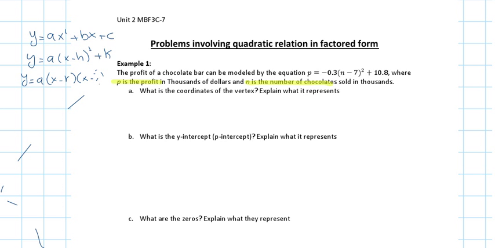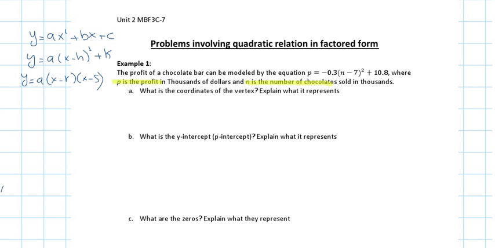Let's look at different things right now. What can I find from the standard form? Okay, let's look at the vertex form. What can I find from the vertex form?